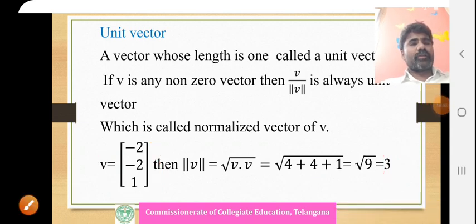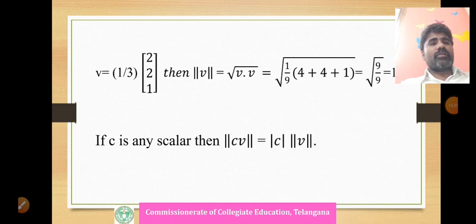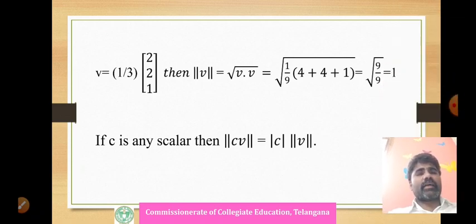Now take one more example. Now I can define a vector, 1 by 3 into 2, 2, 1, or we can write it as 2 by 3, 2 by 3, 1 by 3. The components are fractions, 2 by 3, 2 by 3 and 1 by 3.